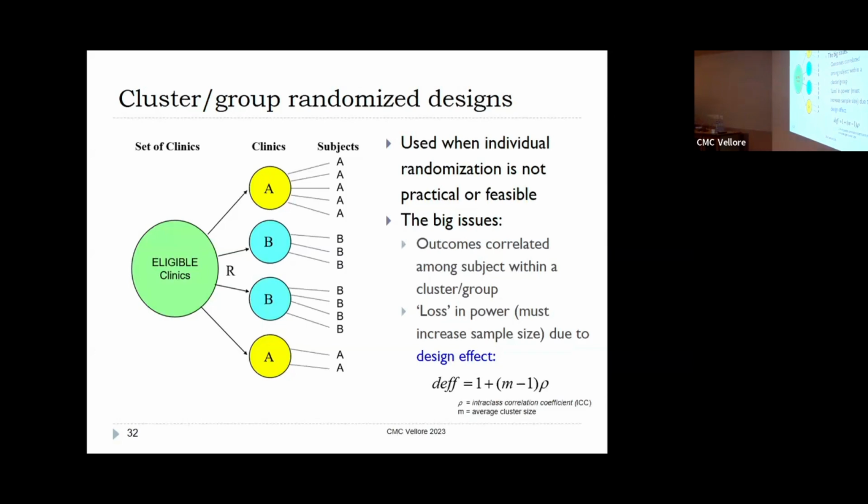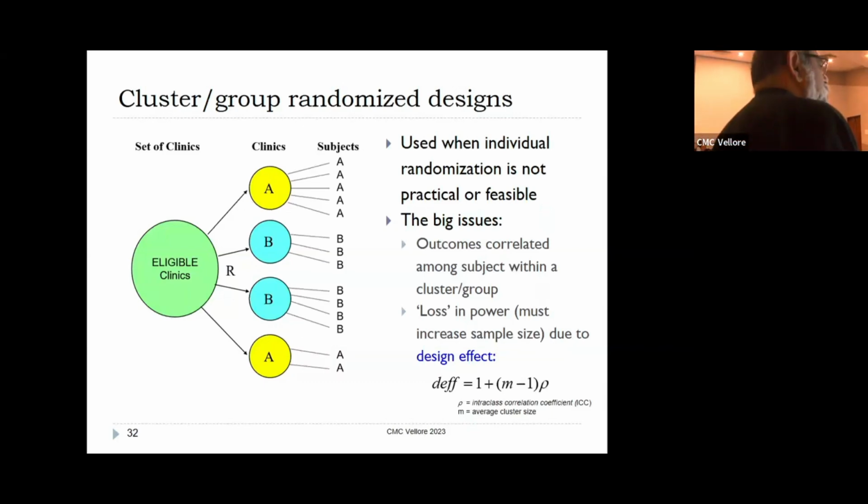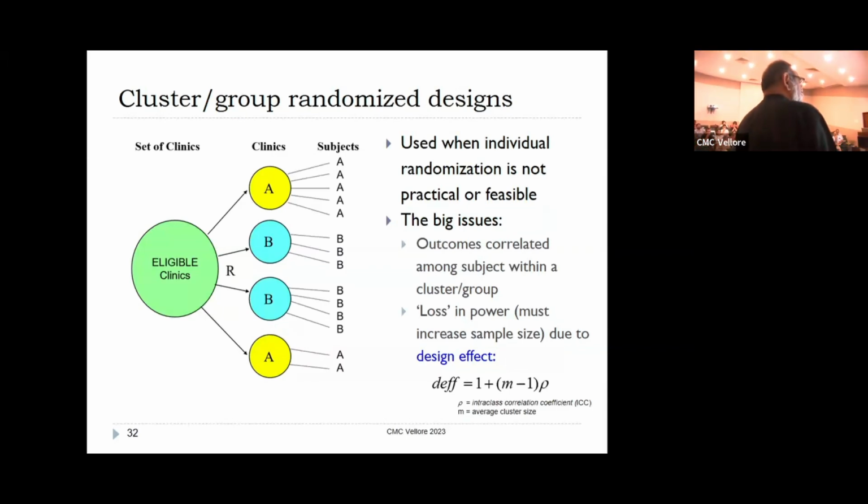One is a public school, one is a private school, one is a religious school, one is not, one is big, one is small. There is a school effect. There's a clinic effect. And so we have to take into account two problems statistically. The clinic effect is related to how much correlation there is among the people of a given clinic in the outcome measure.